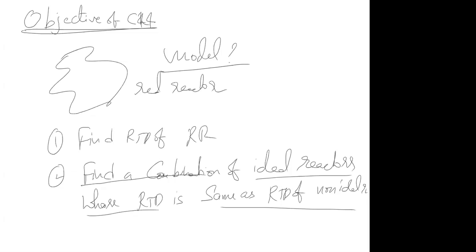Now take this question. You have this non-ideal reactor of 1 meter cube, the small reactor that you bought from outside. Do you have a model for this one? I can write it as a simple CSTR followed by PFR followed by dead volume.